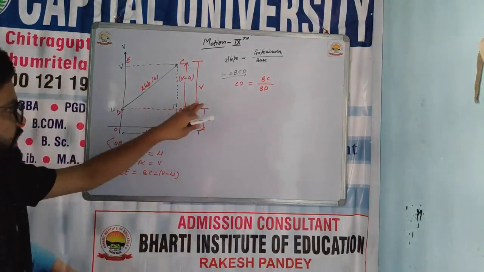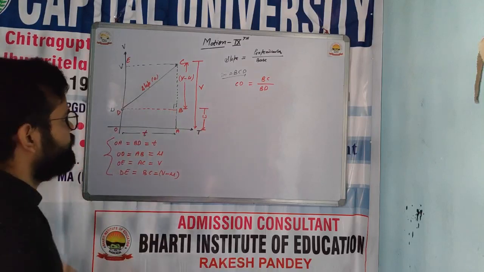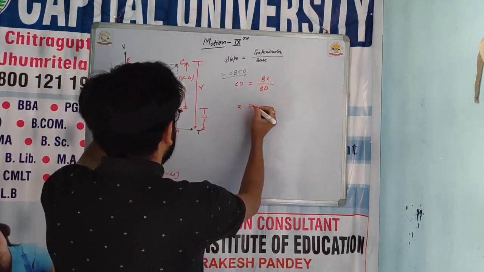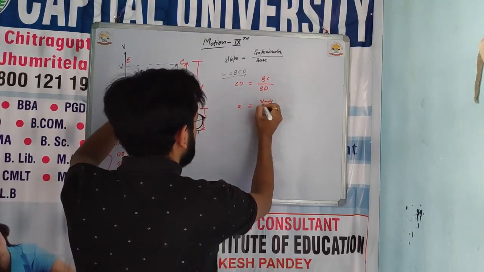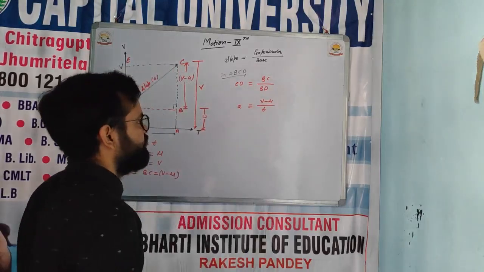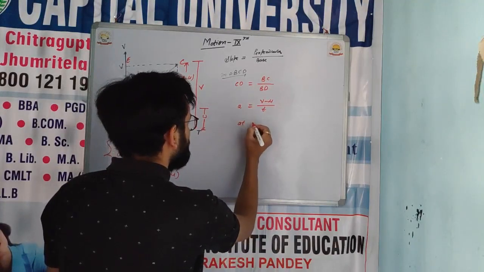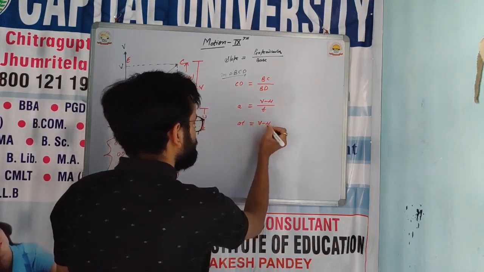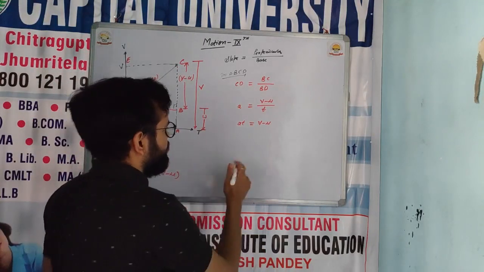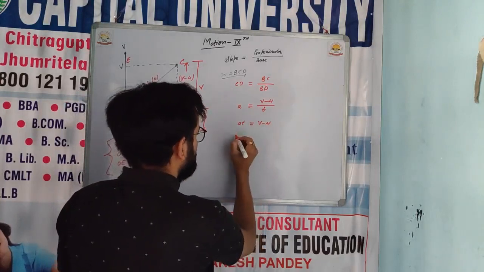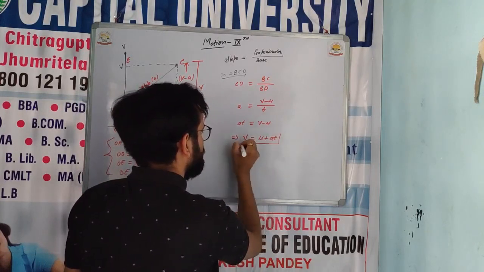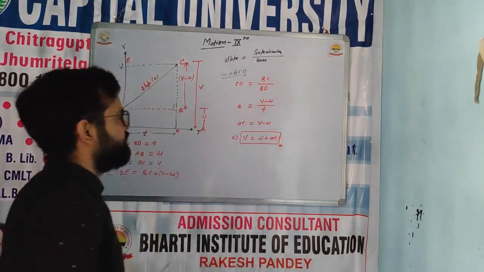Now by referring to this graph we can put the values here. CD means slope, which is A, BC is perpendicular height, which is V minus U, and BD is the base, which is T. On cross multiplication we get AT equal to V minus U. Clear? And hence on shifting U to the left side we have V equal to U plus AT. So this is the first equation by the graphical method.